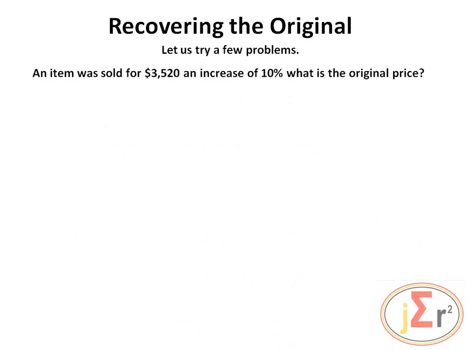Let's try a few problems. An item was sold for $3,520, an increase of 10%. What is the original price? So what is the original? We have the final, we need the original. We had an increase of 10%.